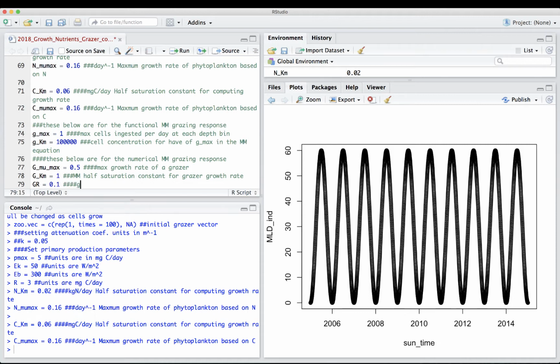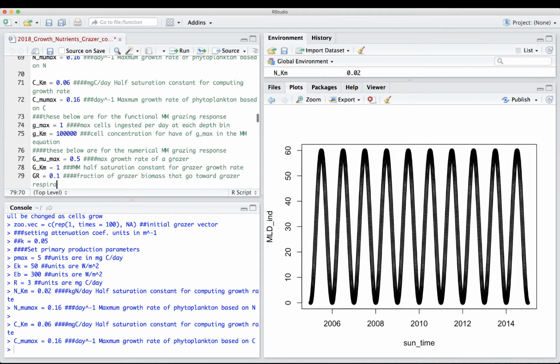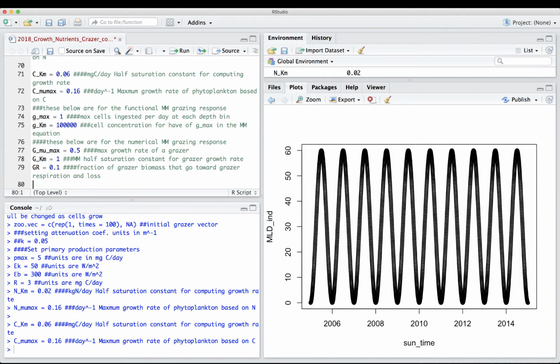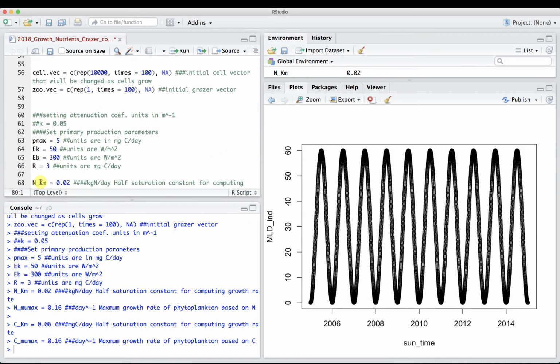So this is going to be the fraction of Grazer biomass that goes toward Grazer respiration and loss. So just like the phytoplankton have a loss term, the Grazers are going to have a loss term.